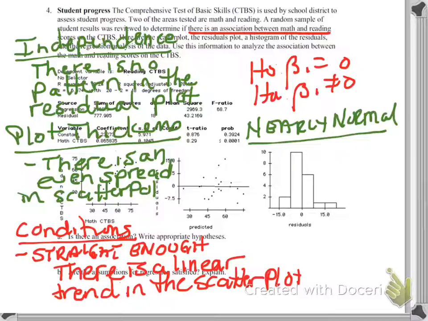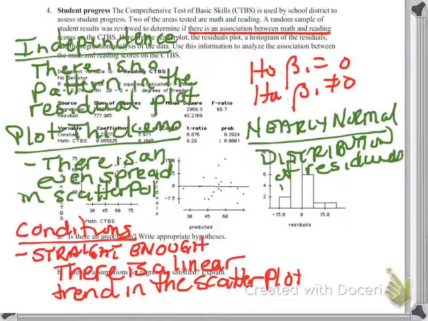And so the distribution of the residuals is symmetric without any outliers.